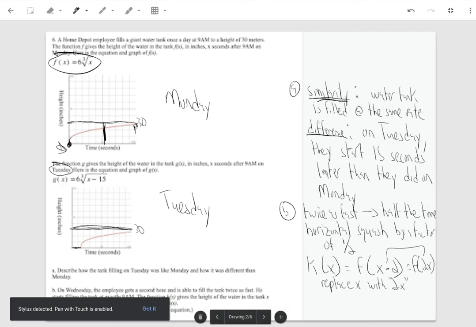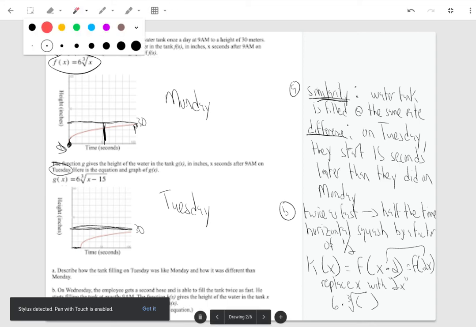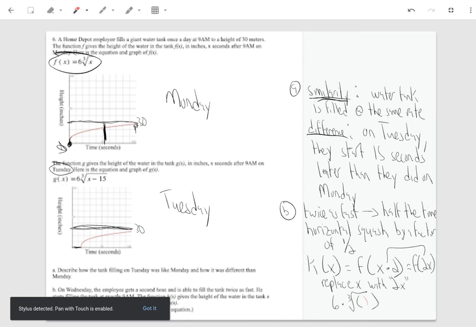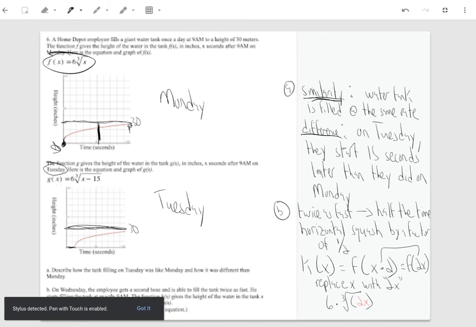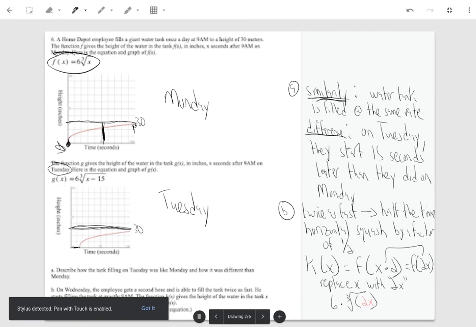So I have 6 times the cube root of x, and wherever I see an x, I'm going to put 2x. So that right there is my equation. My equation is going to be 6 times the cube root of 2x.